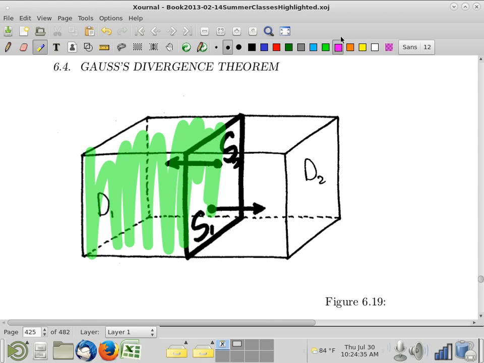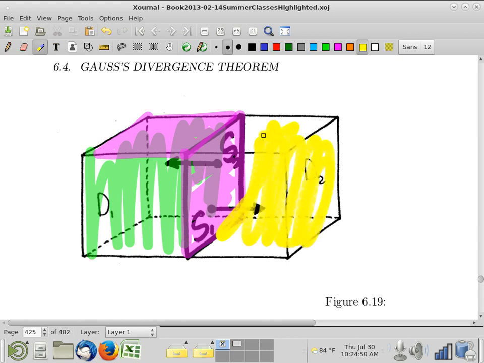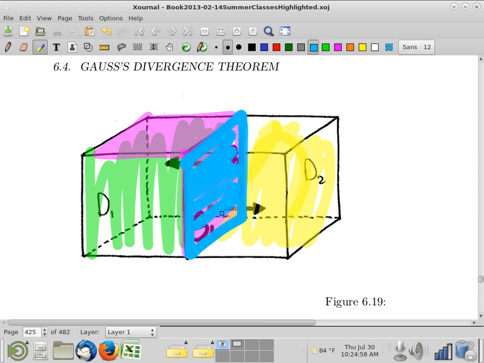I'm not going to draw all 6 of them, but it's got this face. It's got this face, and 4 more. Okay. Then there's this region over here. And it's got a bunch of faces. I'm going to draw a couple of these. It's got that face. It's got a shared face. And then, sure, it's got this face and that face.